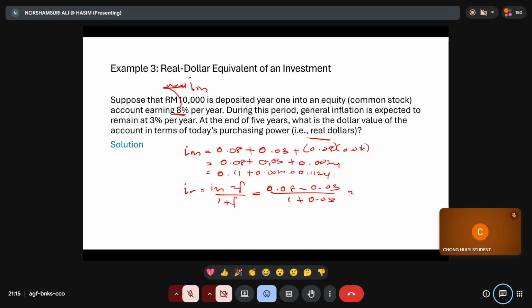So you get 0.05 over 1.03, which is about 0.0485, something like that.